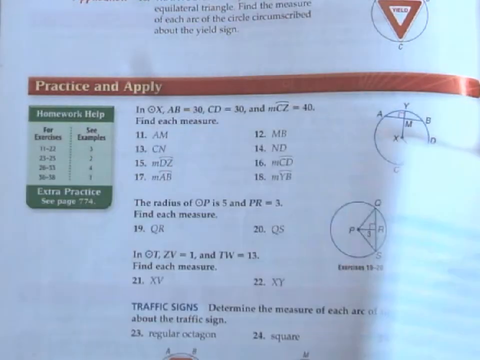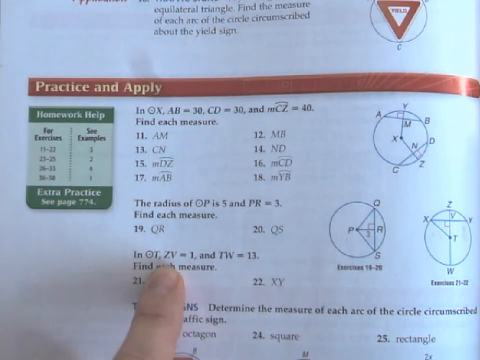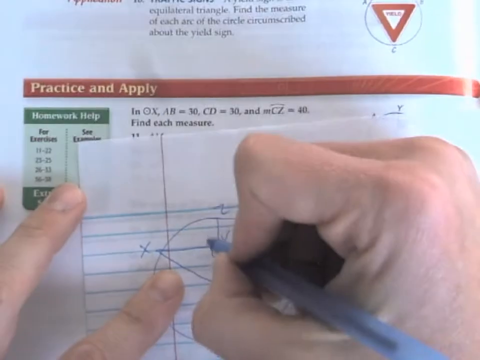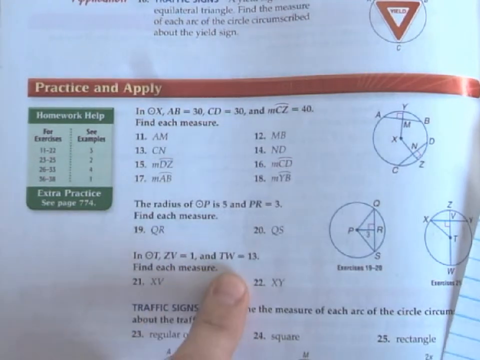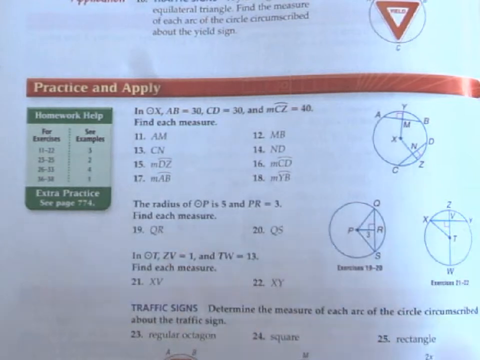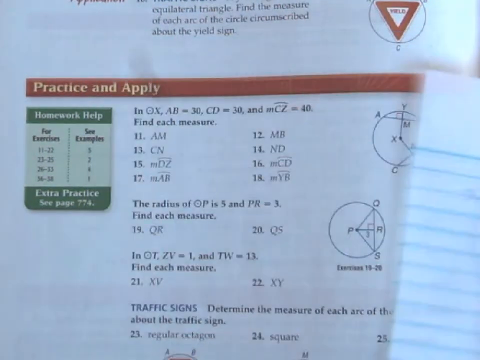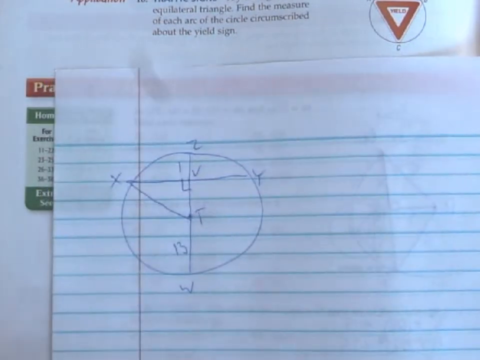Let's see what else we need here. So in circle centered at T, ZV is equal to 1. Okay, so that's this guy. And then TW from here to here is equal to 13. Okay, and we want to find XV, that's that guy, and we also want to find XY.